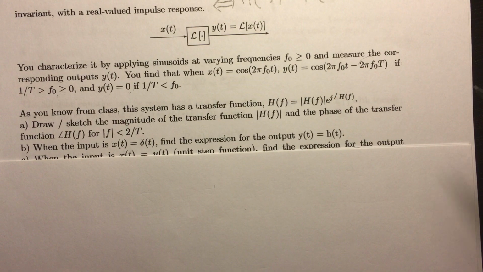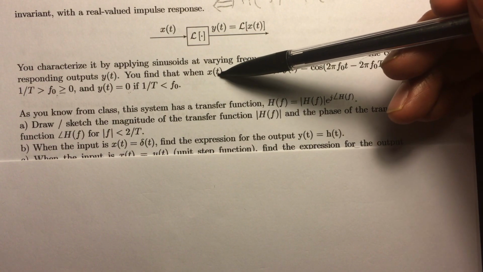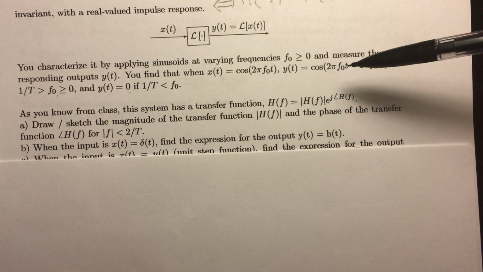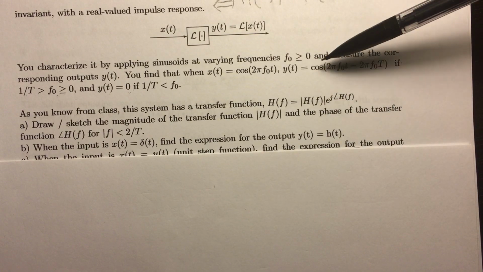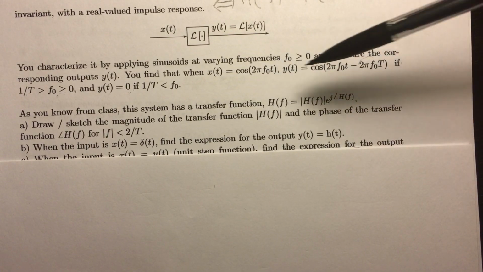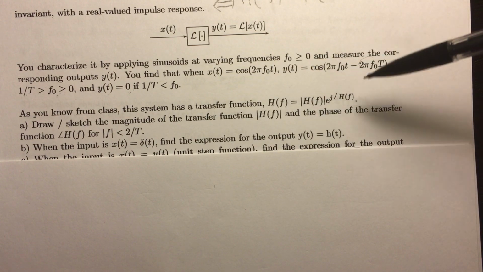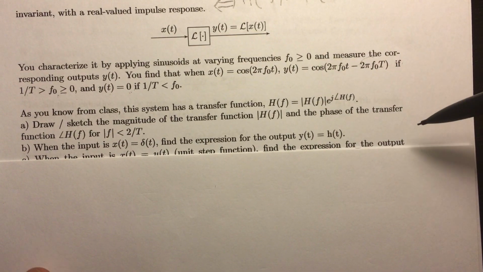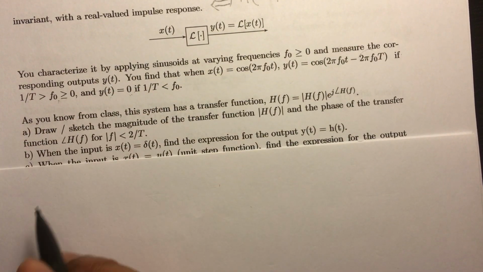In other cases, you would be given the transfer function and you'd have to find out what happens to a sinusoid. You put in a sinusoid at the input, what happens at the output. In this case, you're told the input and output, or the output for a given input, and you're asked to find the transfer function. So the principle is the same, you're just asked to apply it in reverse.